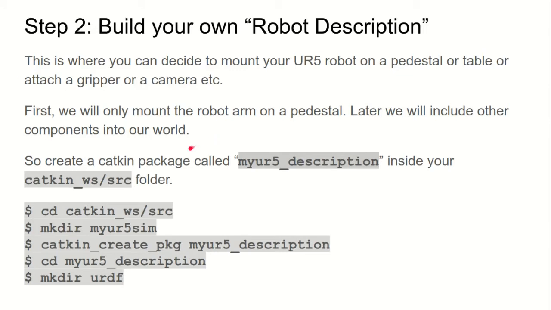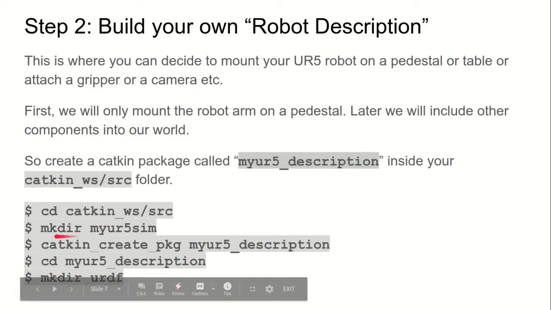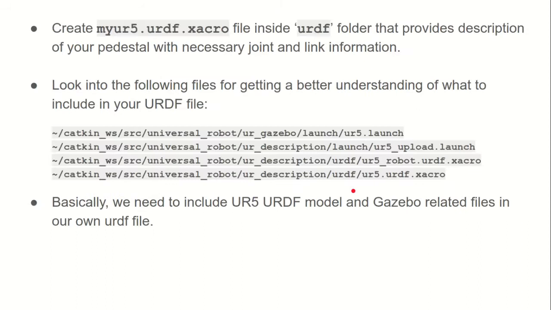So we create a catkin package called my_ur5_description inside the src folder. This is the standard catkin create package process. Inside this we create a folder called urdf. Inside the urdf folder you create a file called my_ur5.urdf.xacro.